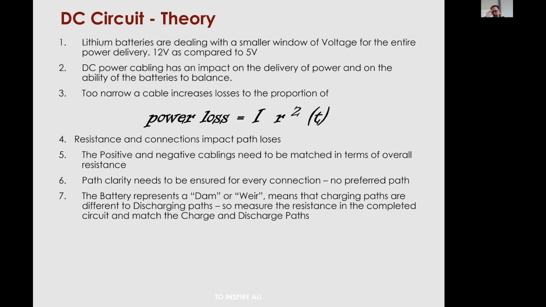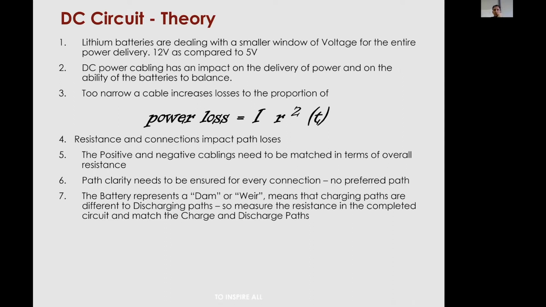And what this actually means in relation to point number 4 is you want to remove as much resistance from the circuit as possible, so that all the resistance is basically represented by the losses in the battery, BMS, and inverter.